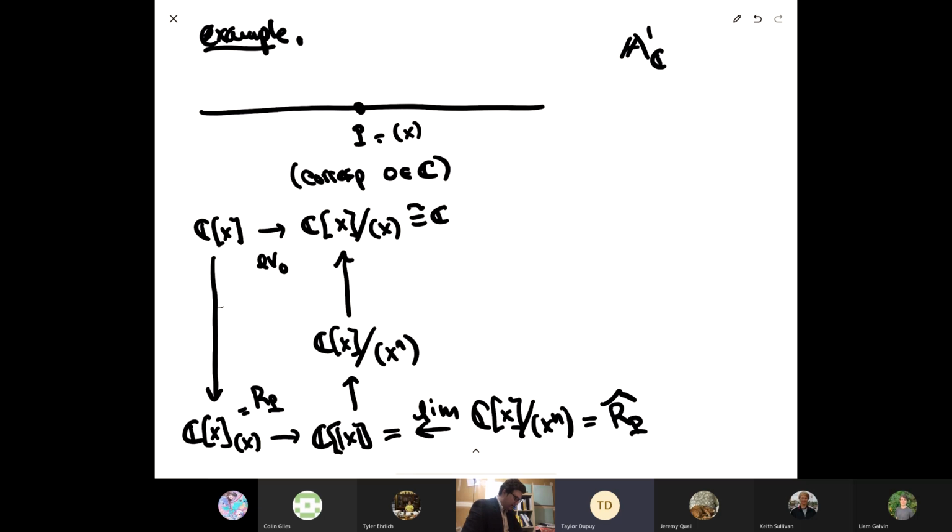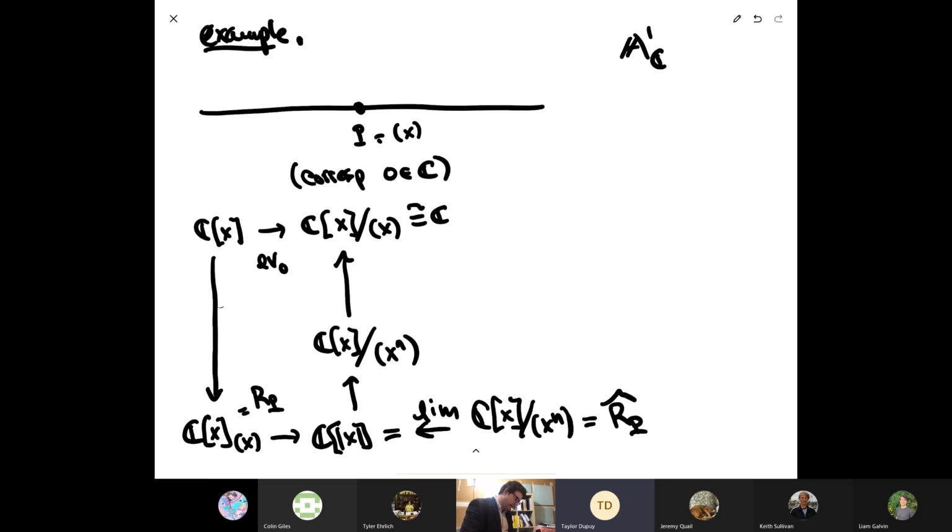So the point is that this quotient factors through the localization, I guess when it's a maximal ideal.